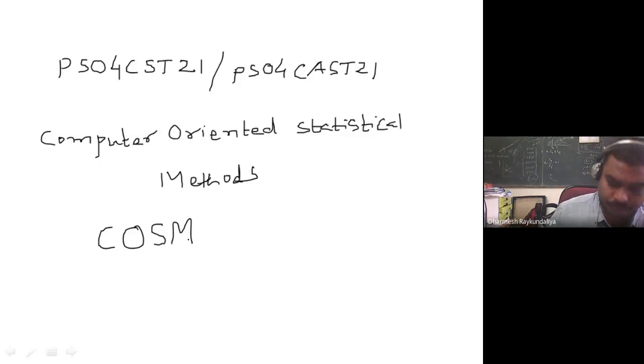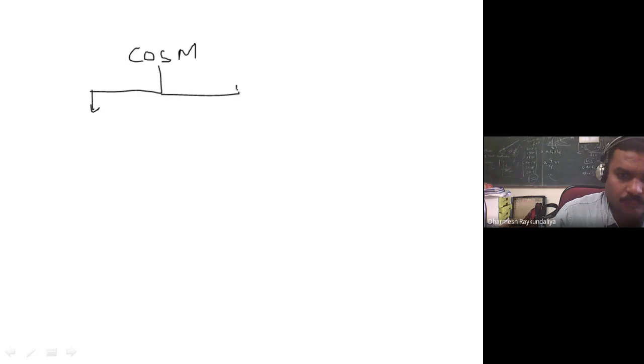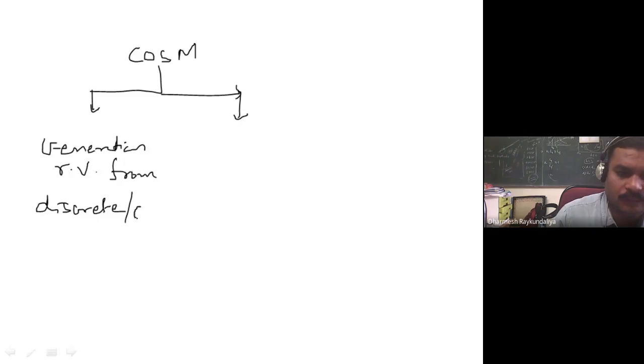In COSM, we will see two parts. One is the generation of random variables from discrete as well as continuous distributions.